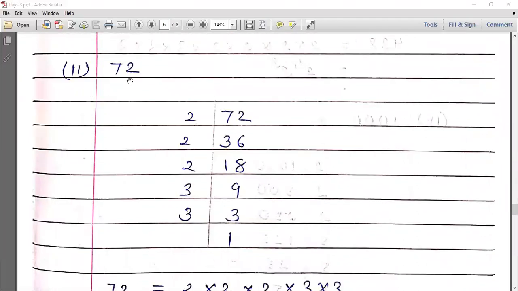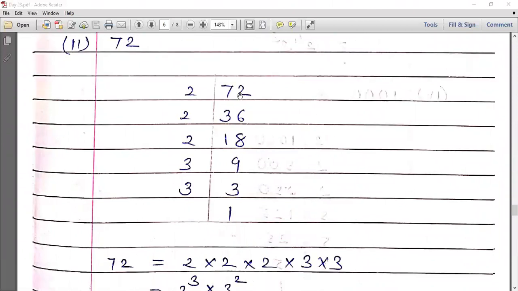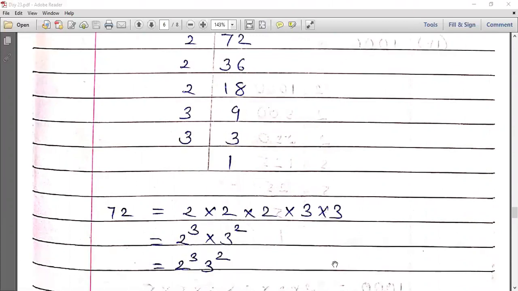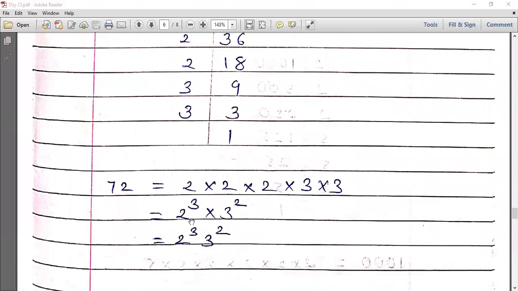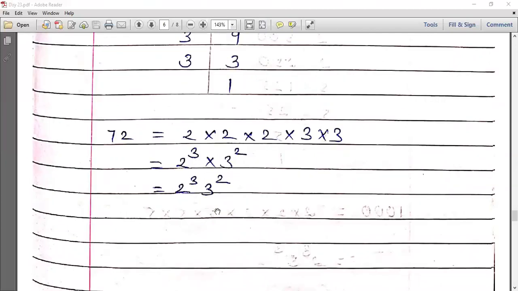Part 2. 72. The factors of 72, on finding the HCF, you will get as 3 times 2 and 2 times 3. So 3 times 2, that means 2 raised to 3. 2 times 3, that means 3 raised to 2. That can be written as 2 raised to 3, 3 raised to 2.